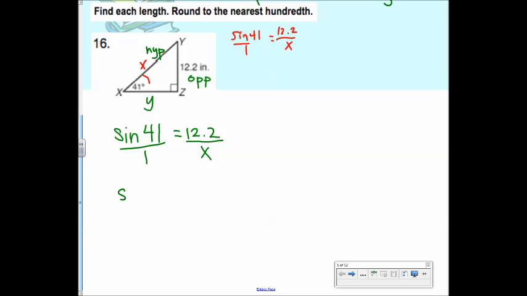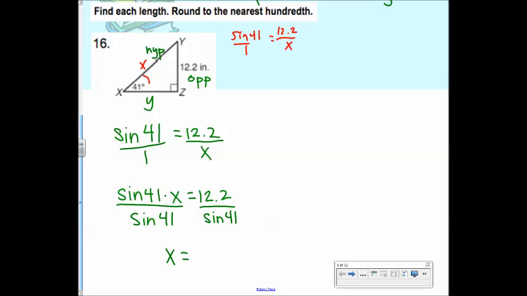Okay, how would I finish this? Divide by sine 41. And you end up with X equals, and you do that on your calculator, 18.59, so 18.6.